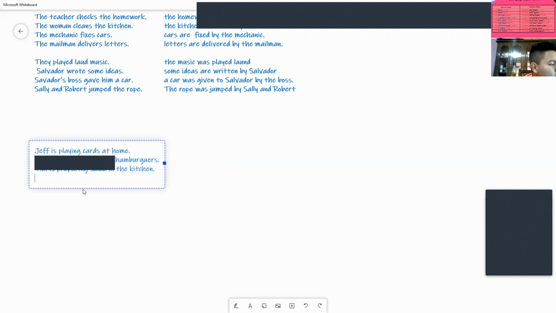Estas estructuras van con presente continuo, present continuous, present progressive, como el de Iván, ¿no?